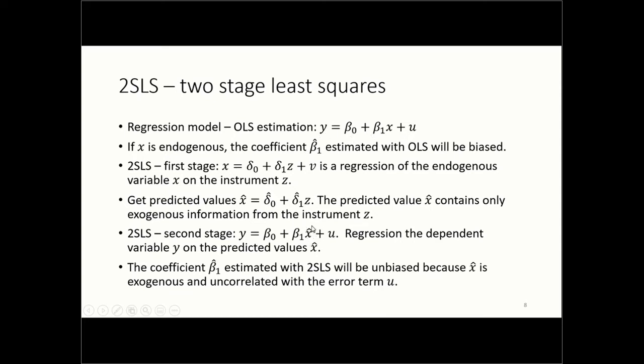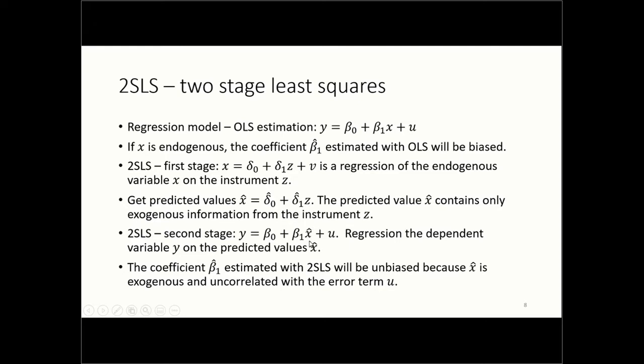However, we would be replacing x with x hat. So now this would be the predicted values for the endogenous variable, which only has exogenous information from this instrument z.